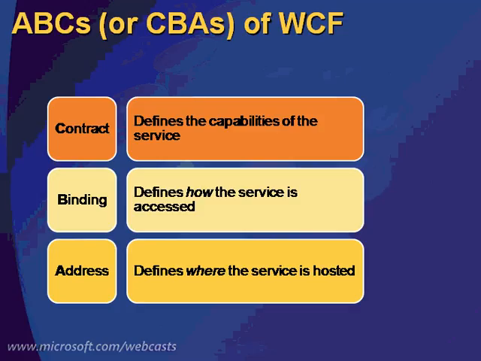The B, the binding, is kind of where it starts getting really interesting. If you think about it, a binding is essentially a collection of channels, and we'll see what that looks like in a second. But you can think of these channels as independent decisions of what you want of the behavior of your service.